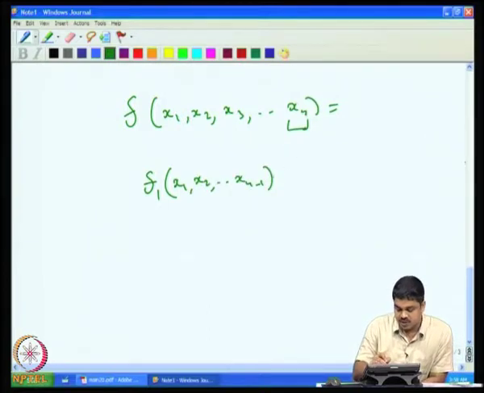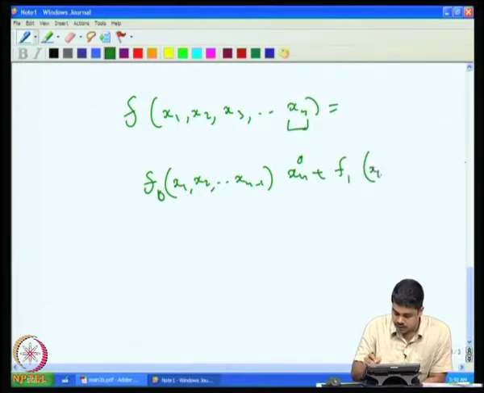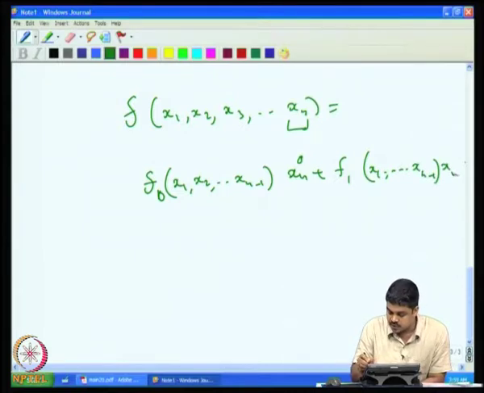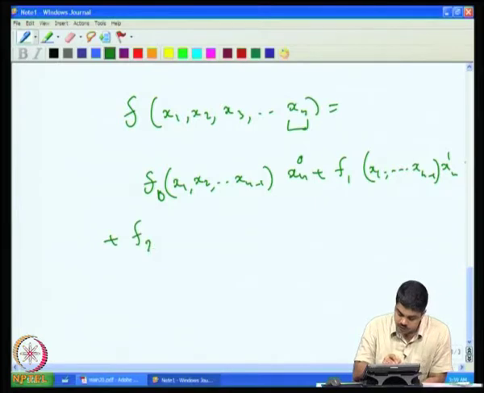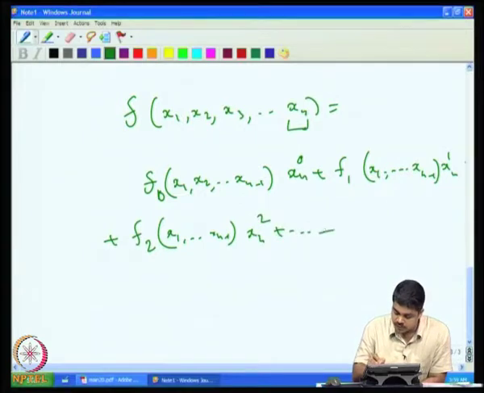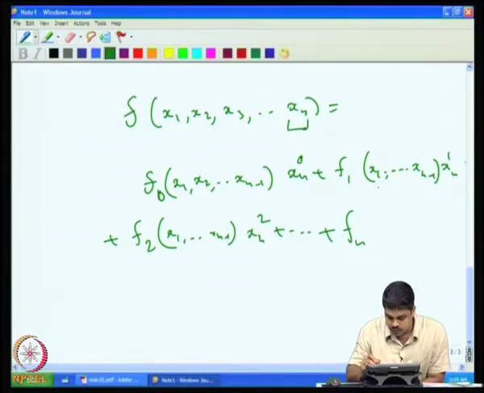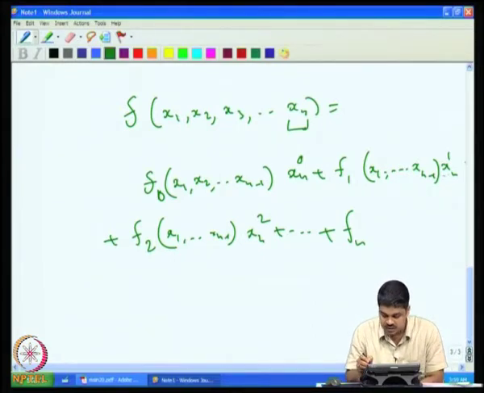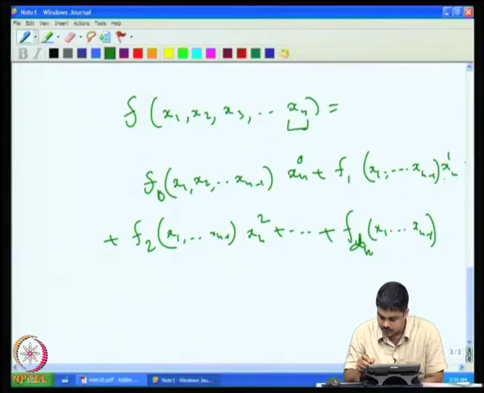So we say it is f0 plus f1 of x1 to xn minus 1 into xn raised to 1, plus f2 of x1 to xn minus 1 into xn raised to 2, and so on, up to f dn of x1 to xn minus 1 into xn raised to dn.